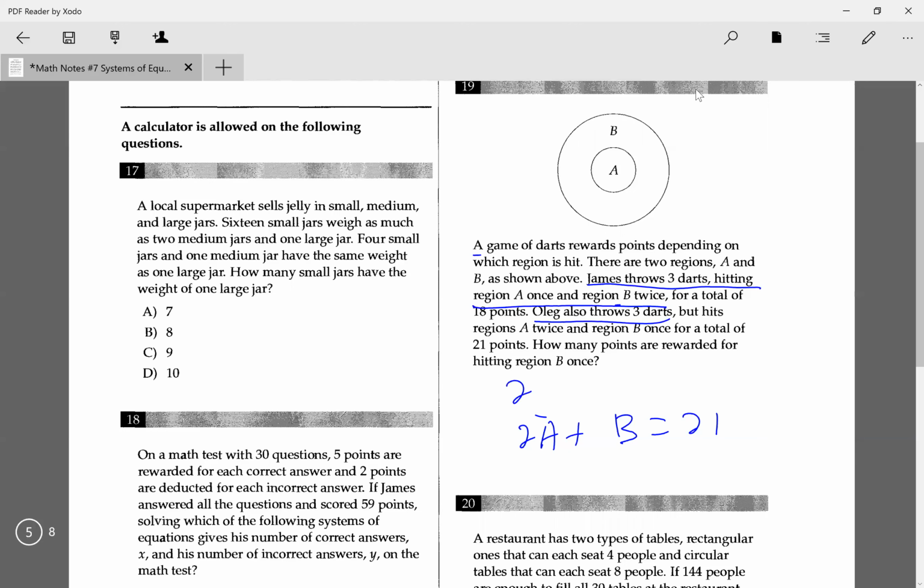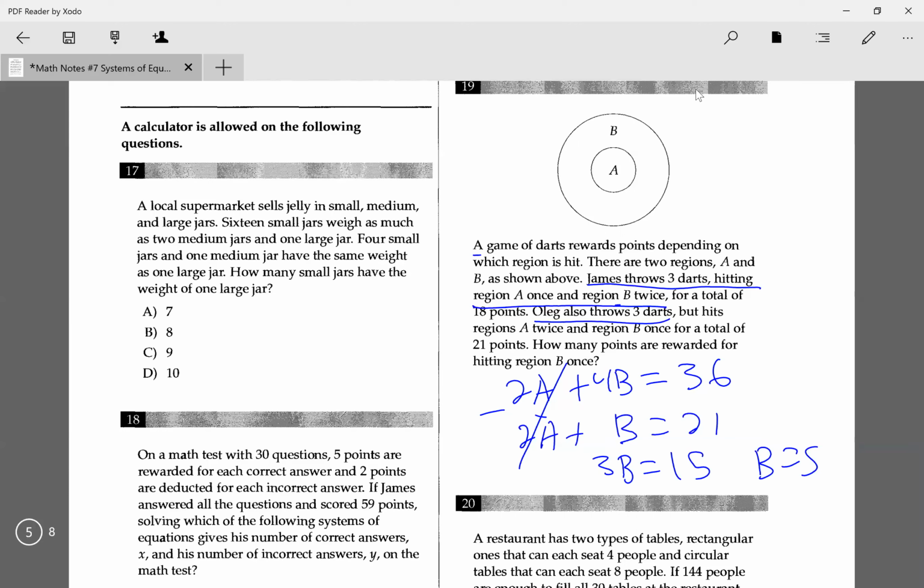I get 2A plus 4B equals 18 times 2, which is 36. Now I subtract this, cross that off. 3B equals 15. B equals 5.